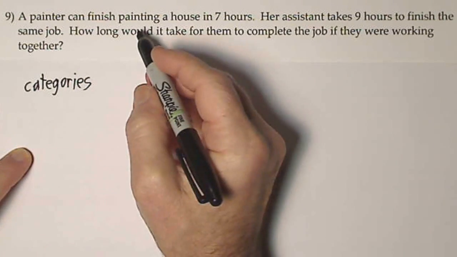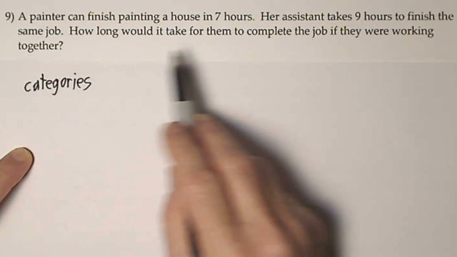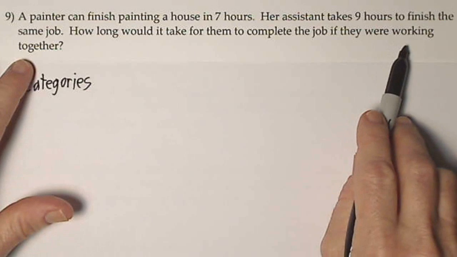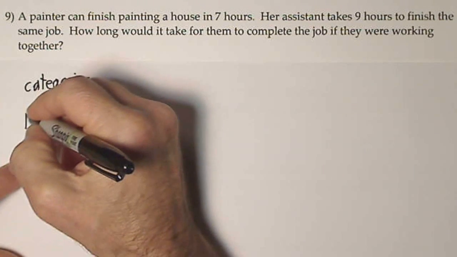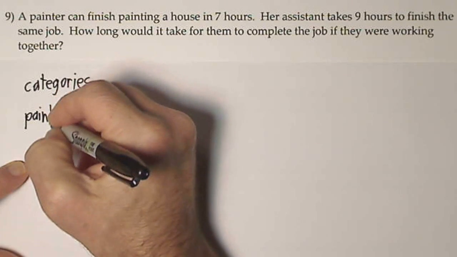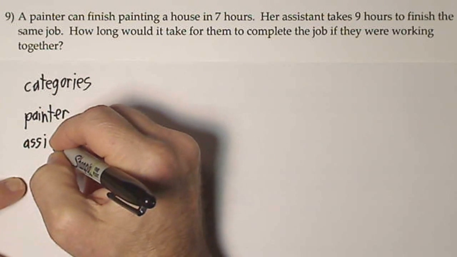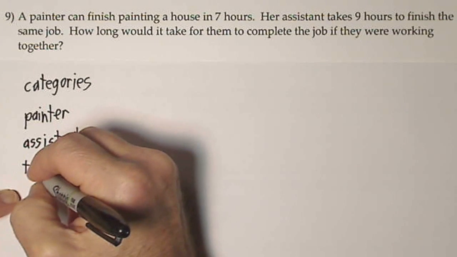And what do we have? We have a painter, we have an assistant, and actually the possibility of them working together. Okay, so we have painter, assistant, and together.